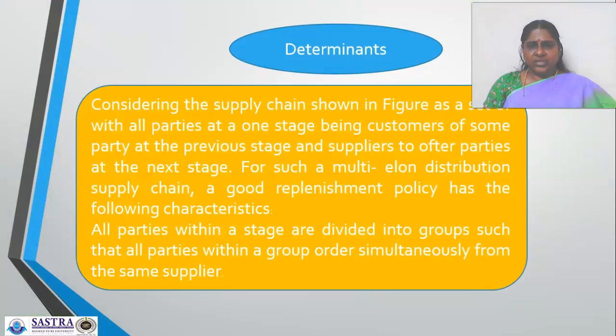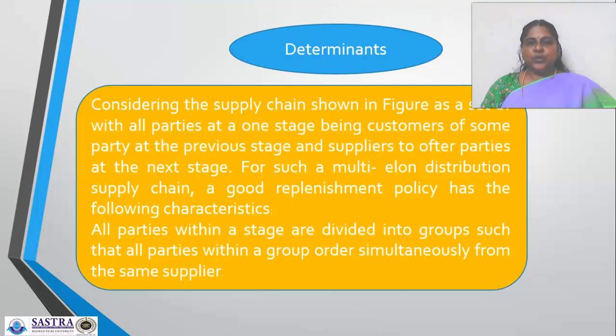What are all the determinants? So, considering the supply chain shown in this figure as a set of stages, with all parties at one stage being customers of some party at the previous stage, and suppliers to other parties at the next stage. For such a multi-distribution supply chain, a good replenishment policy has the following characteristics.